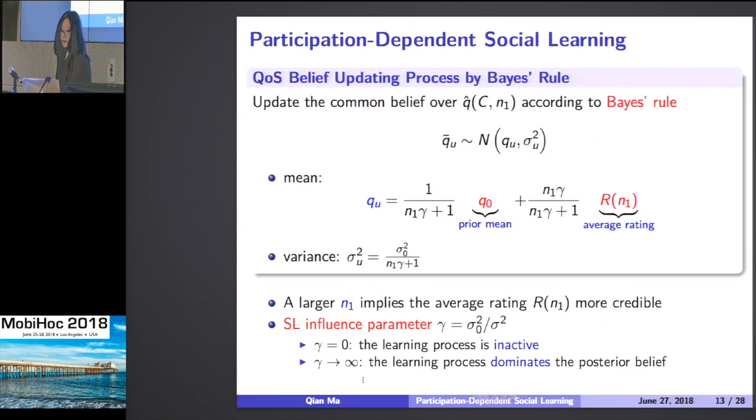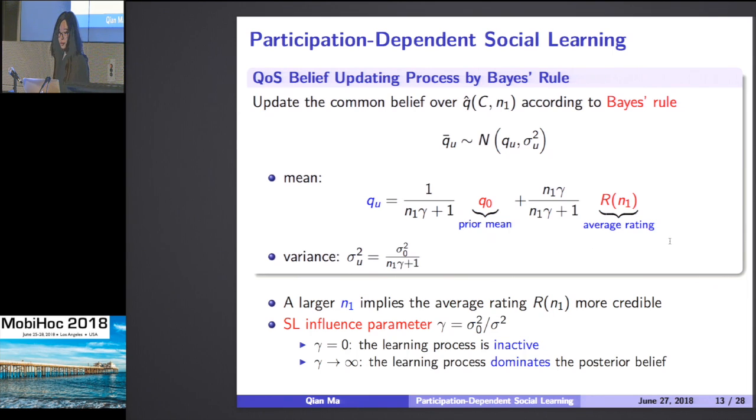The answer is our proposed participation-dependent social learning process. Specifically, users will update their common belief over the mean QoS according to Bayes' rule. Our results show that the updated belief also follows a normal distribution, and the mean Q_U is a weighted sum of the prior mean Q_0 and users' first period average rating R_N1.